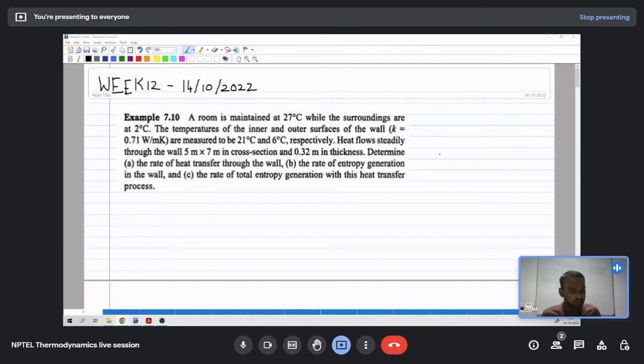So let me draw the schematic of this system given in the problem. There is a wall with a thickness of 0.32 meters, and one side of the wall is the room and the other side is the surroundings.